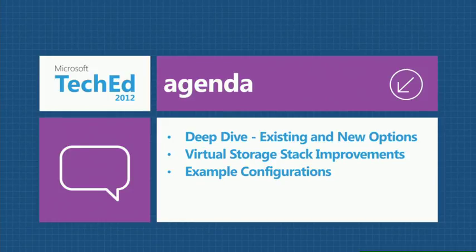And we'll end with some example configurations that we think are going to be prevalent from customer deployment standpoints. Just because we have enabled a lot of storage options, it's also confusing with respect to what do I deploy. So these example storage configurations should help there.